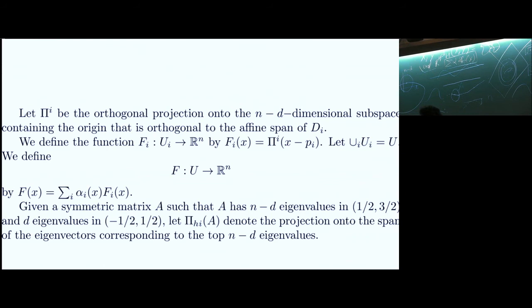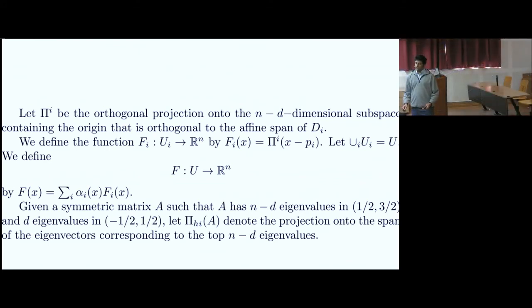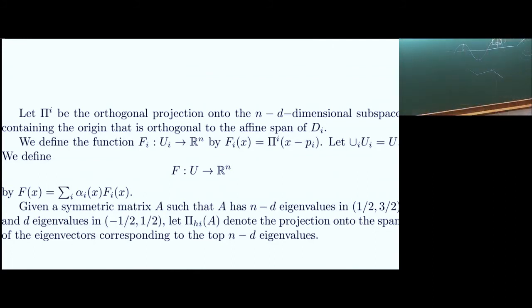You first define a vector field given by pi_i of x minus p_i. Pi_i is the orthogonal projection onto the orthocomplement of the disk.